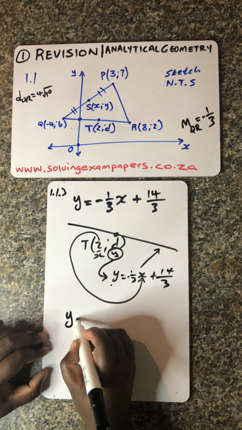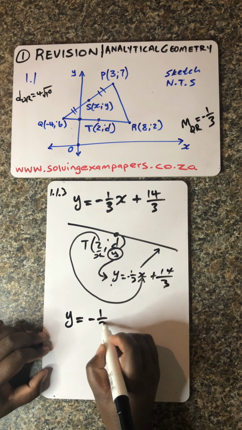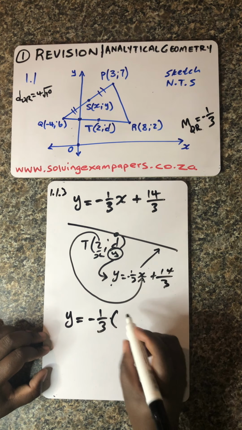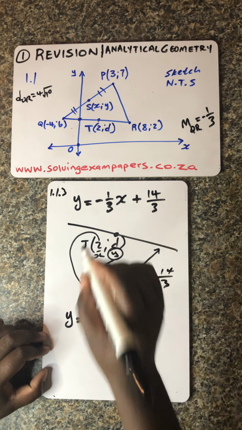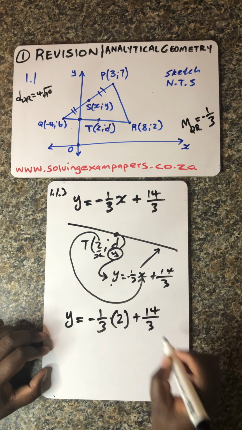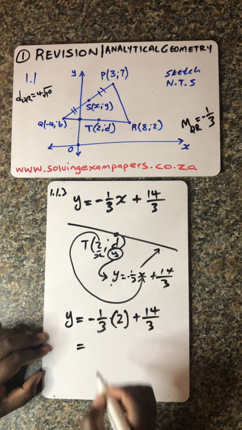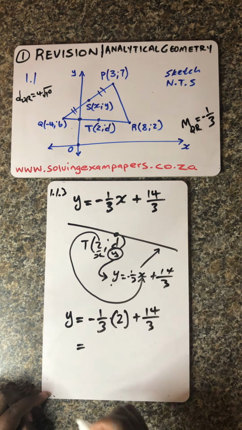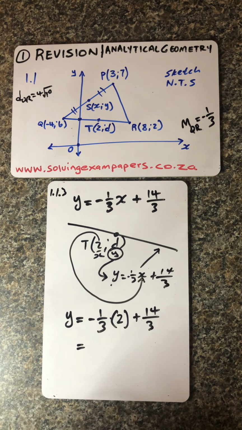So you just say y is equal to -1 over 3, multiplied by x, which is 2, ladies and gentlemen, then you just say plus 14 over 3. And the answer that you get, ladies and gentlemen, is actually D. Okay, it's actually that D over there. Very, very important, ladies and gentlemen.